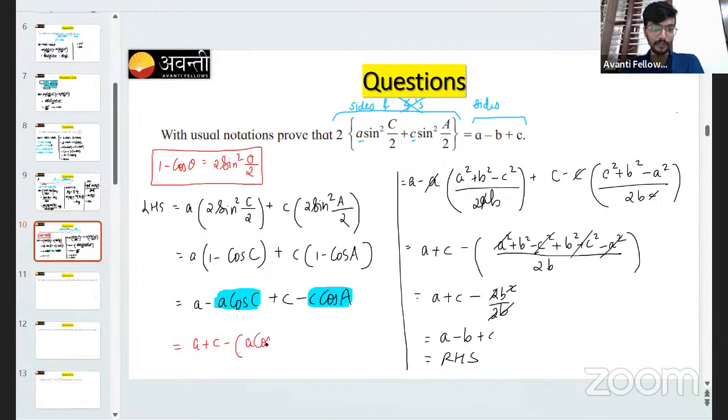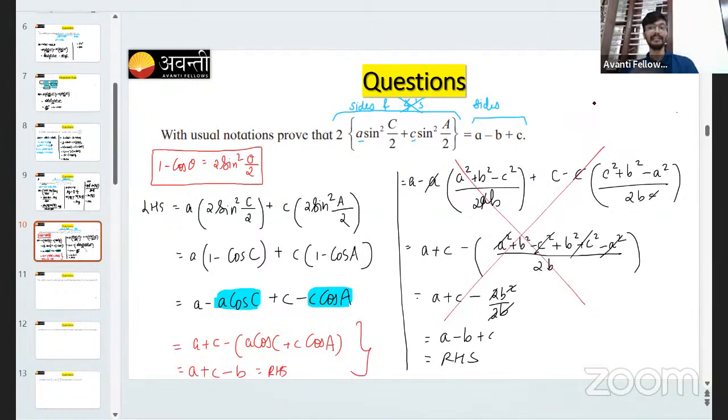If I write A cos C plus C cos A, what is A cos C plus C cos A? It is B, which is equal to RHS. I would have got my answer here in 2 steps instead of doing all this, if I just clicked projection rule.